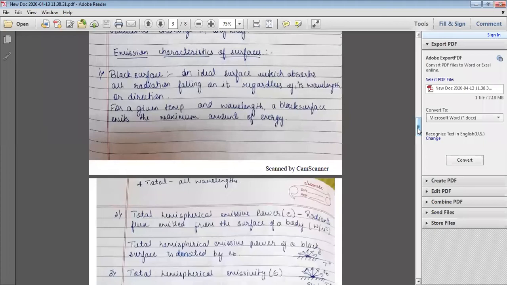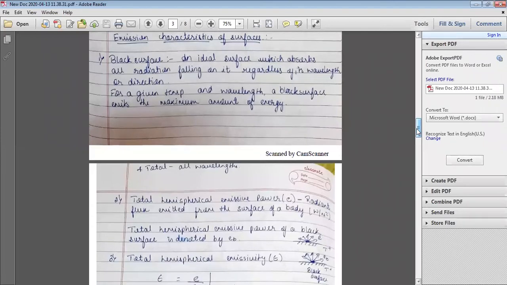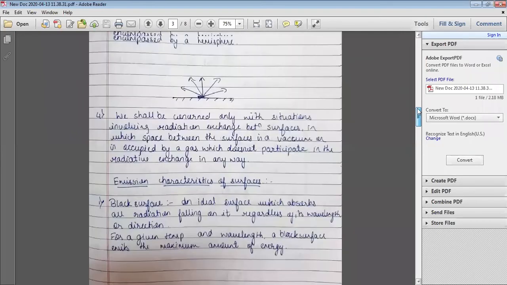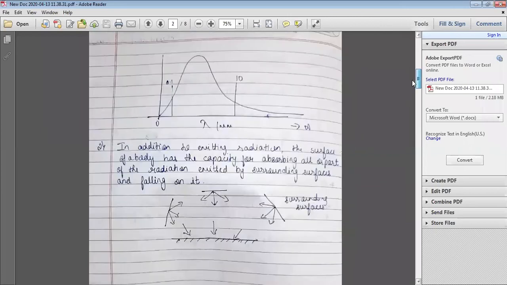Before we know that, I should know what a black surface is. We call a black surface an ideal surface which absorbs all the radiation falling on it regardless of its wavelength or direction. Say for example, this is my surface.